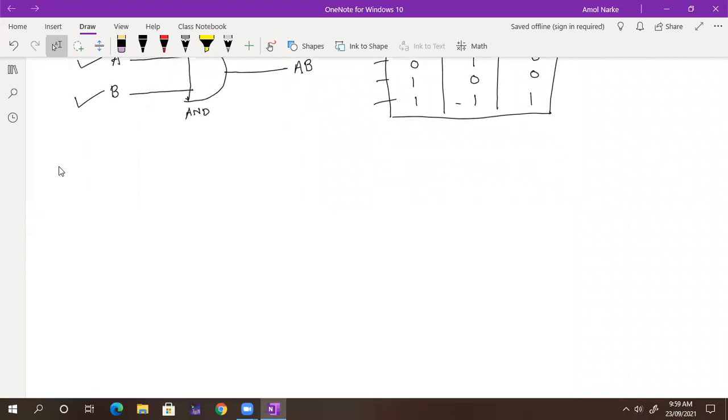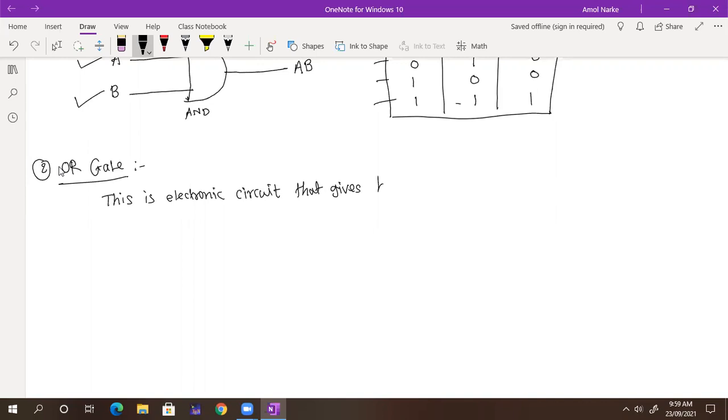Now we have the OR gate, second. What do we have in the OR gate? The OR gate is an electronic circuit that gives a high output. Tell me when this will give a high output.